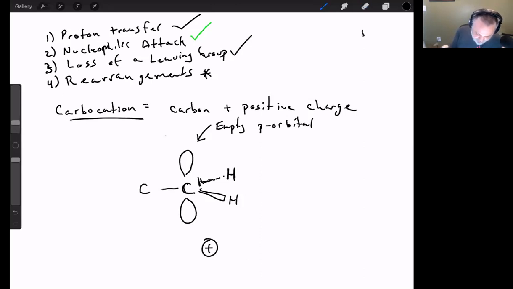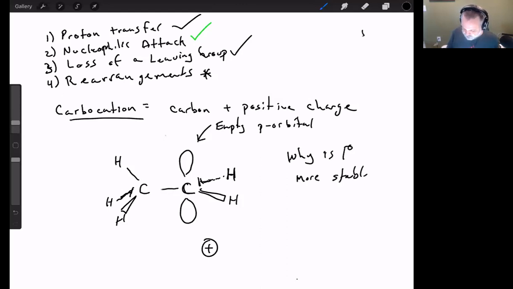So if it's a primary cation, what I'm going to do is include the CH3 group on the other side. So why is primary more stable than methyl?